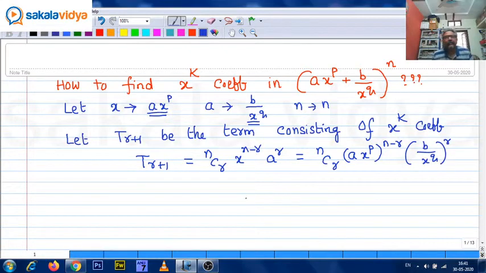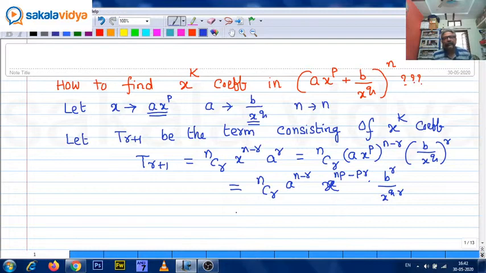Okay, let us separate it now. This is nCr a^(n-r) x^(p(n-r)) b^r / x^(qr). Here the bases are equal, so the powers should be subtracted.